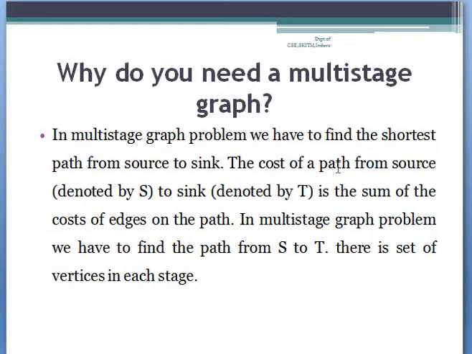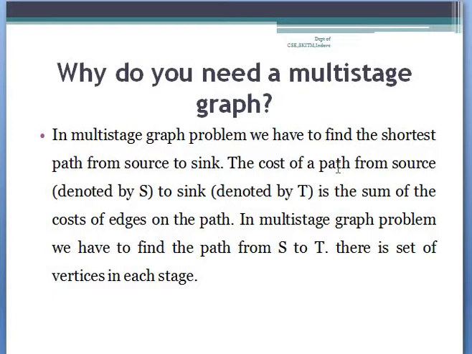The next question that comes to our mind is, why do we need a multi-stage graph? In the multi-stage graph problem, we have to find the shortest path from the source to the destination. For the destination, sometimes we use the word sink.